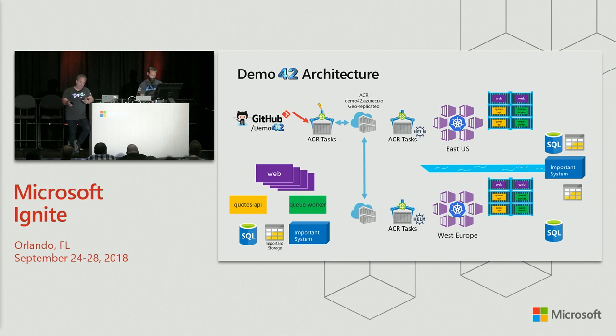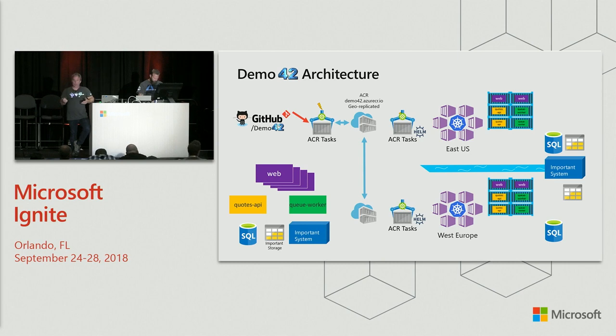The thing you see here is not only are the individual places redundant, we actually geo-replicate the registry, so you don't have to push the image to multiple locations. That's one of the unique features of the Azure Container Registry compared to the other clouds. We have this geo-replication capability because we always want your images to be as close to your deployments as possible.